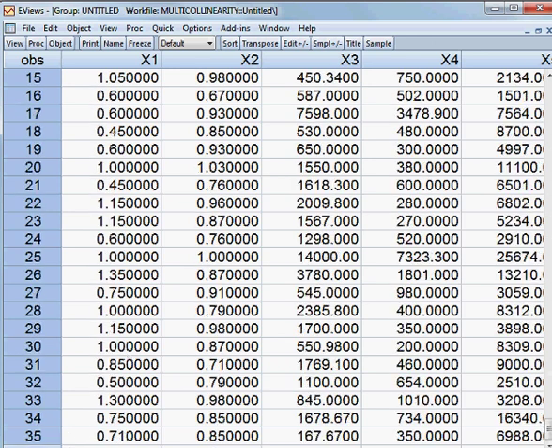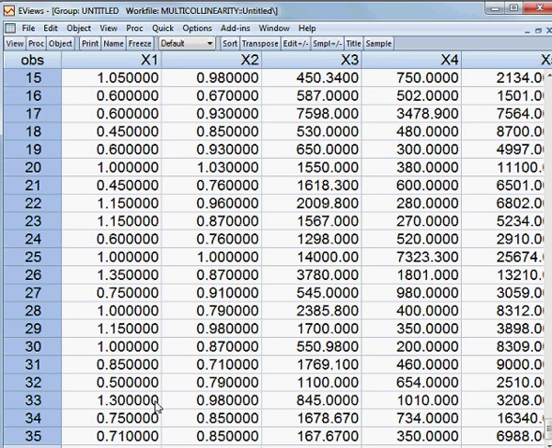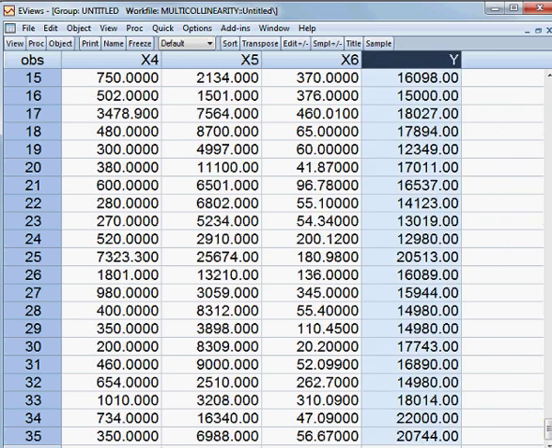It is only 35 data, right? And y is the dependent variable, and the rest are independent variables. Y is dependent, and x1, x2, x3, x4, x5, x6 are all independent variables.